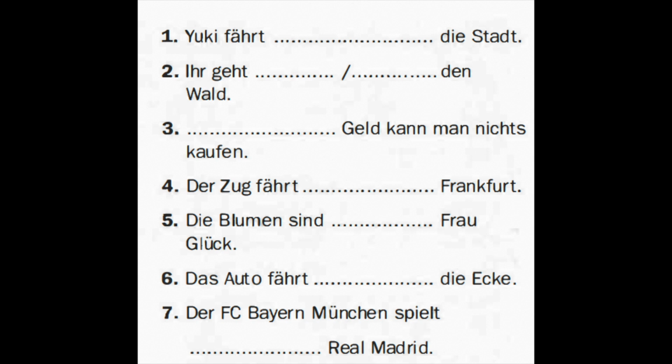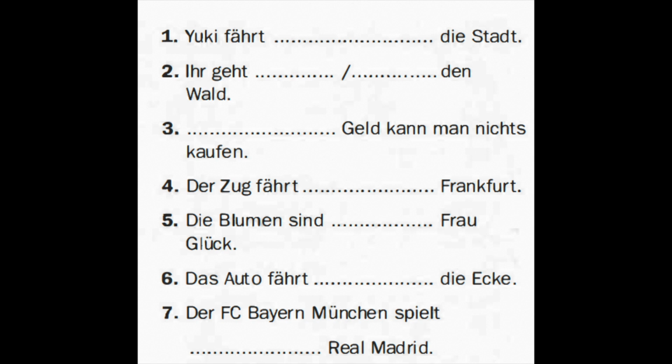Exercise number 8, 7 sentences to complete using the prepositions that I have just taught you. So, Nummer 1. Yuki fährt in die Stadt. Wohin fährt Yuki? Yuki fährt in die Stadt. 2.